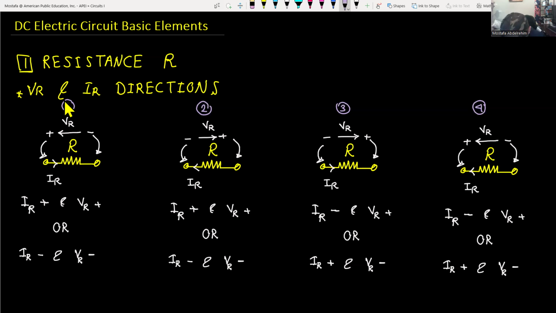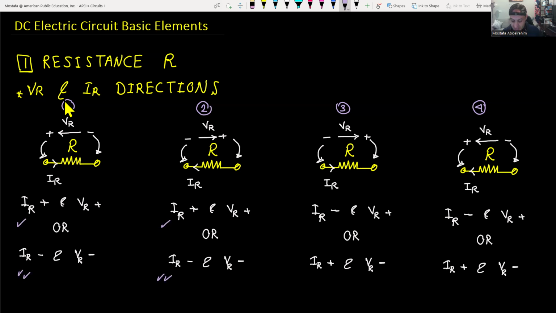In these two cases, you have to find the current and the voltage with the same sign: both positive or both negative. If you assume they are opposite in direction but find that, for example, the current is positive and the voltage is negative, or vice versa, you have some problem in your calculation. You have to bear this in mind.